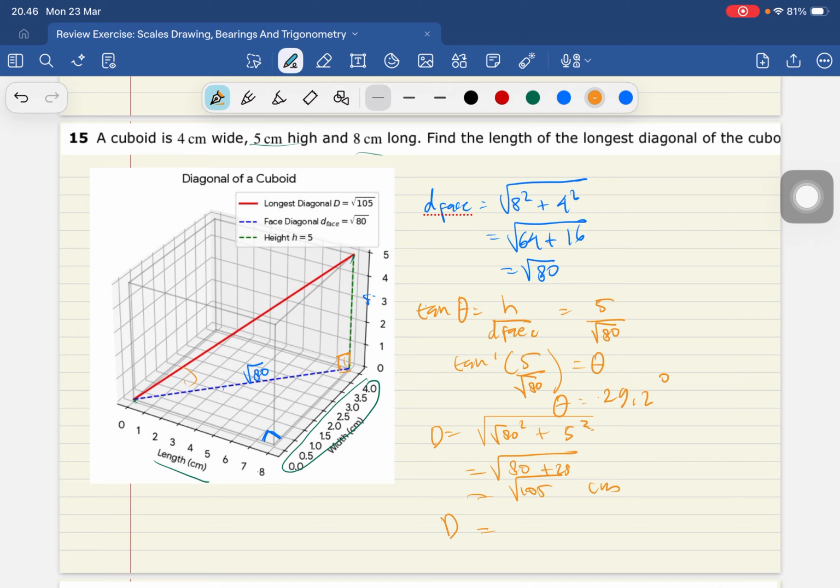Square root of 105 is gonna be 10.2 centimeter. This is the longest one. So we can just use the Pythagoras theorem, as they are right angles.